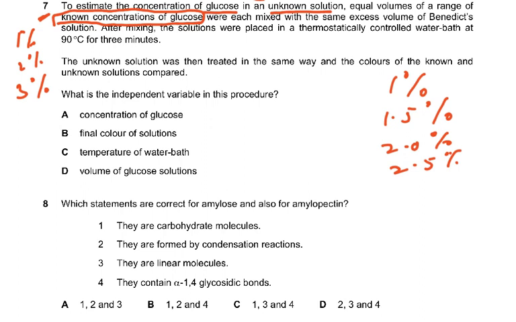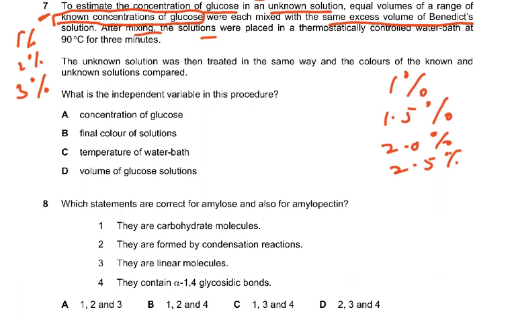So you took different, known concentrations. You knew it was 1%, it was 1.5%. Each were mixed with the same excess volume of Benedict's. So you did the whole test in a similar way, all the variables were controlled.